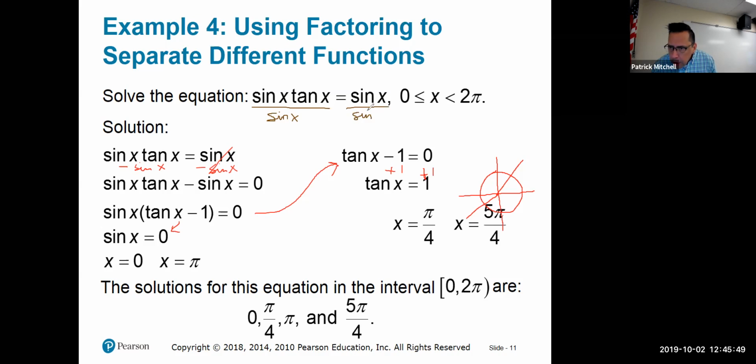Well, tangent x equals 1 is right here, so that would give me these two solutions, but these two would have gotten lost because those two values make the sine of x equal to 0, and of course you're not allowed to divide by 0. In general, when you're solving equations, you want to be very, very careful about dividing both sides by variable expressions, unless you are absolutely sure that those variable expressions cannot be 0. So let's get rid of this.